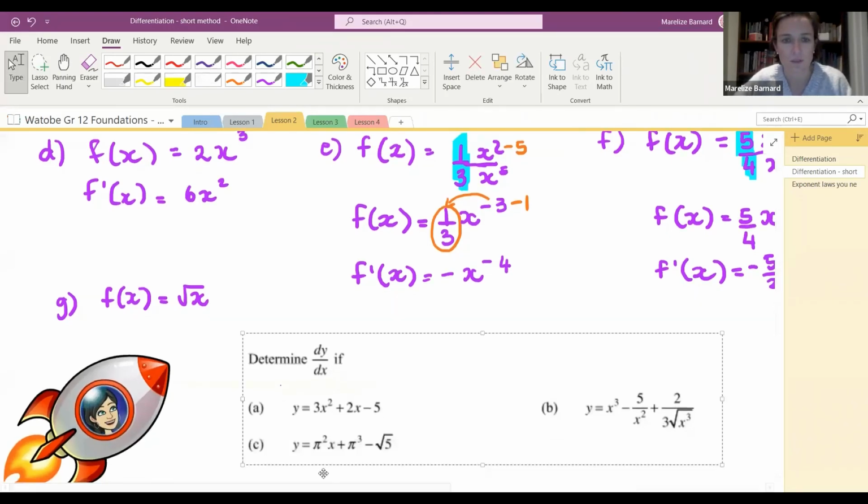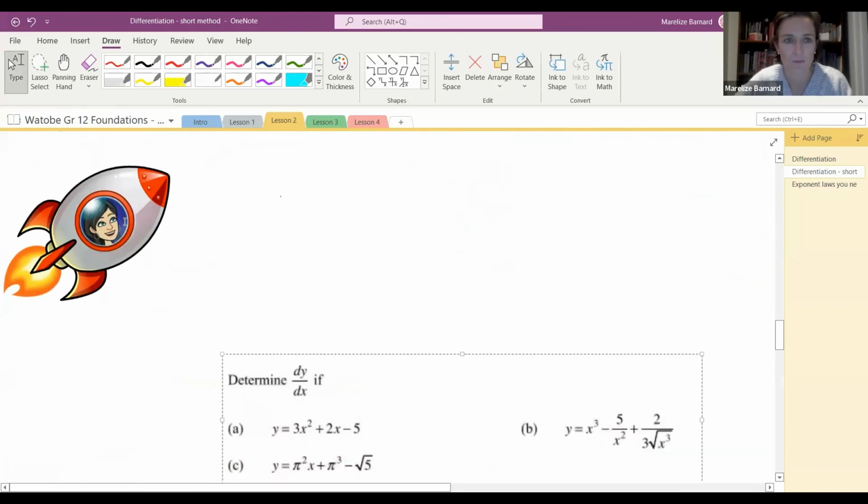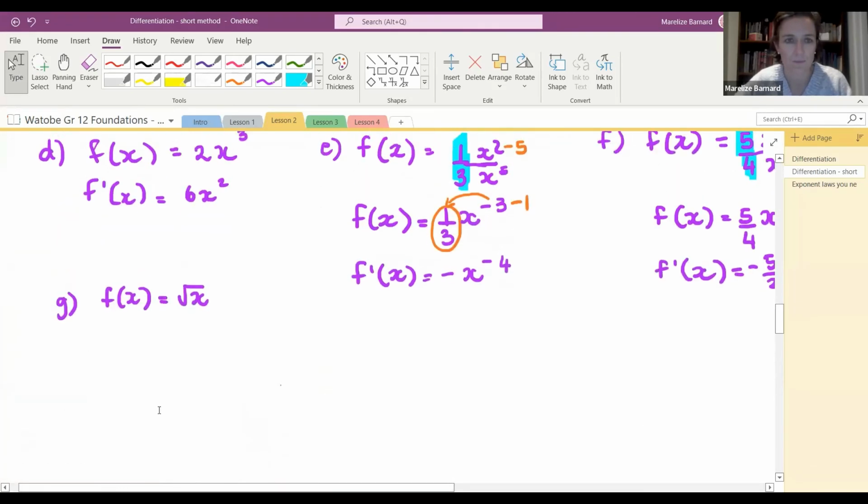So to remove the root, we're going to rewrite this as f of x is equal to x to the power of a half.